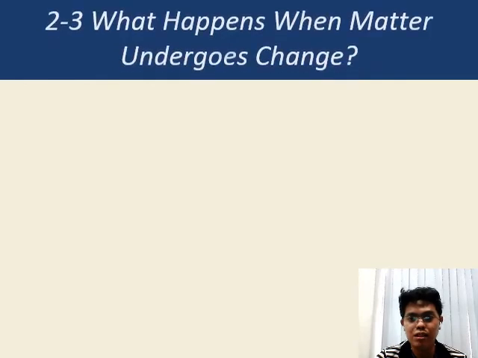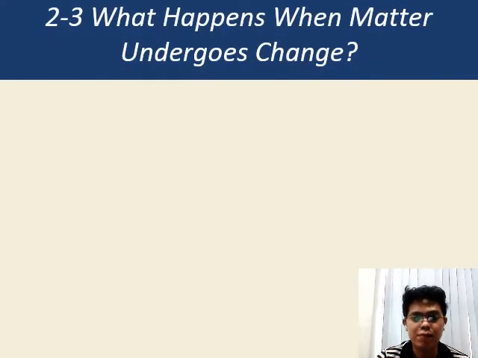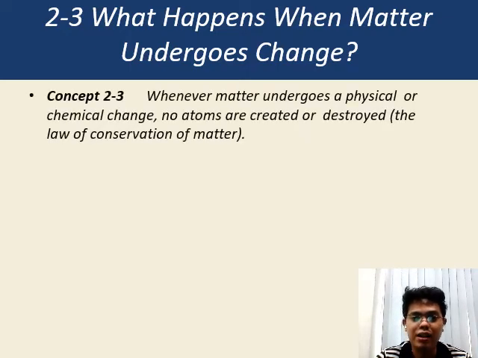Now we proceed to the third section of this chapter, which is what happens when matter undergoes change. According to the law of conservation of matter, whenever matter undergoes a physical or chemical change, no atoms are created or destroyed.